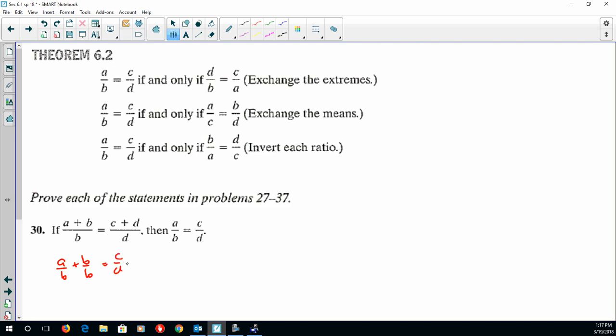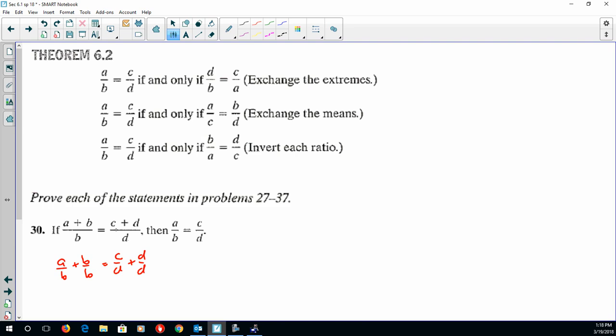Remember what fractions mean. If A plus B is the numerator and B is the denominator, then both A and B are divided by the denominator B. Same thing over here. C plus D, this denominator D goes underneath the C and underneath that D.